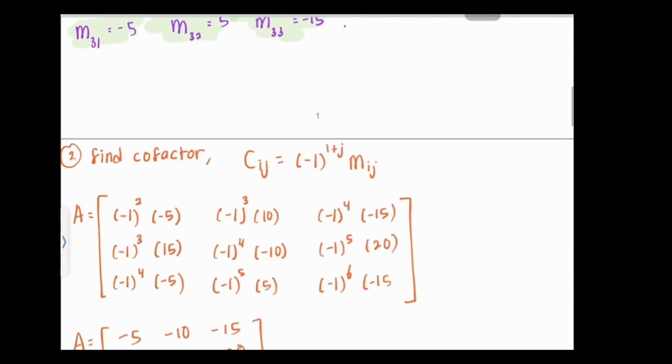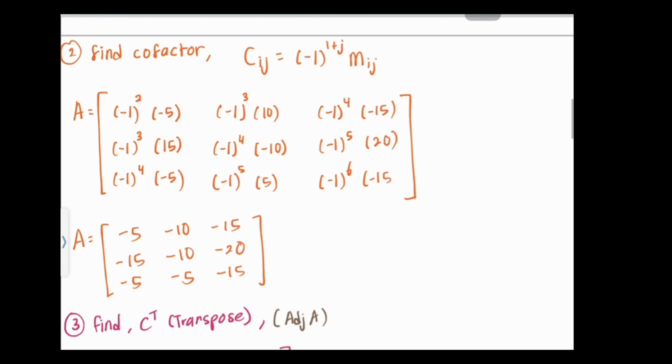Secondly, you need to find the cofactor. This is the formula to find the cofactor, where this means the minor that we already found earlier, and i means row, j refers to the column.